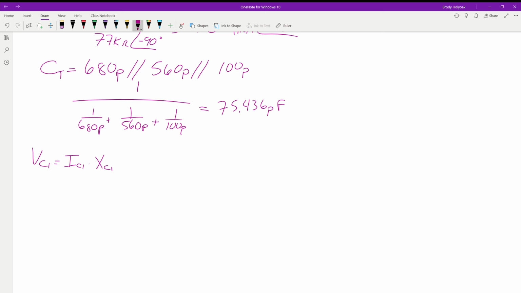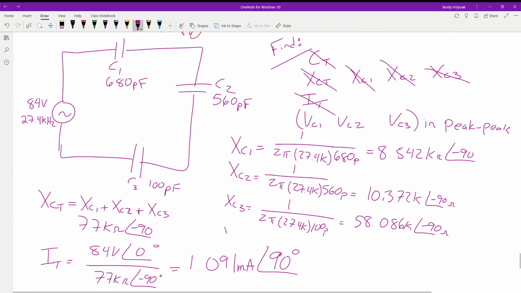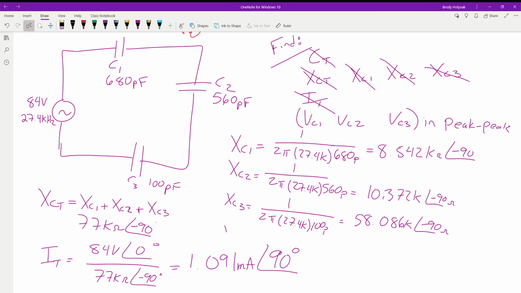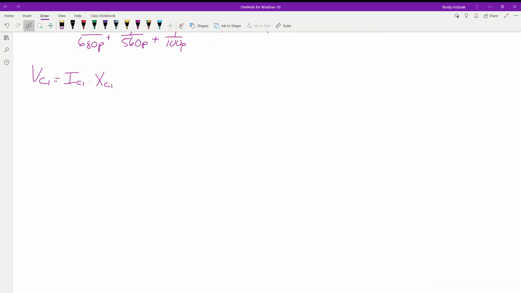So in this aspect, we're still doing the exact same thing. Okay, so what values are we going to plug into our formula? Yep, the 680 pico. How many? Correct.